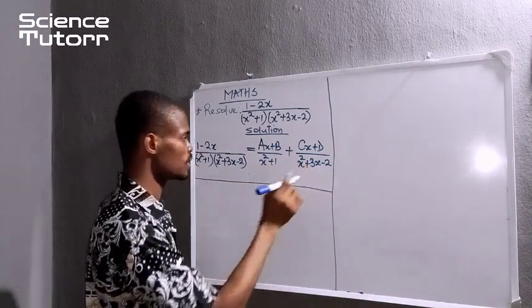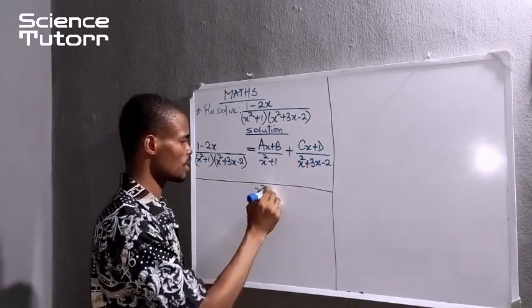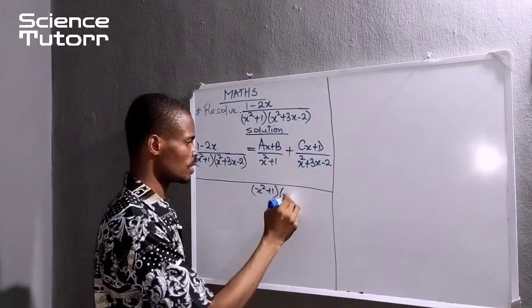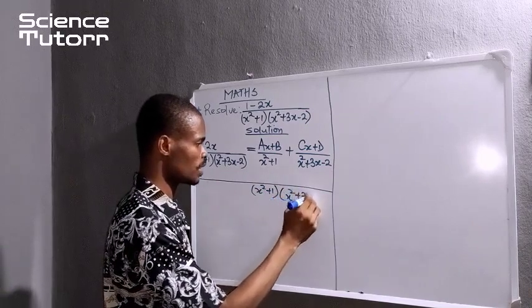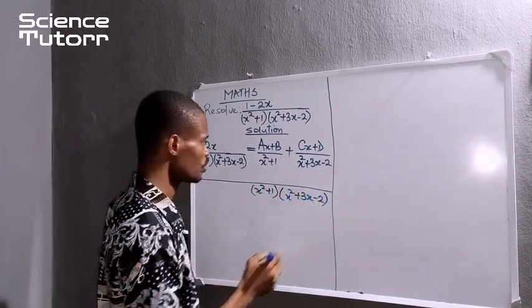the LCM of the denominators to be x squared plus 1 and x squared plus 3x minus 2.